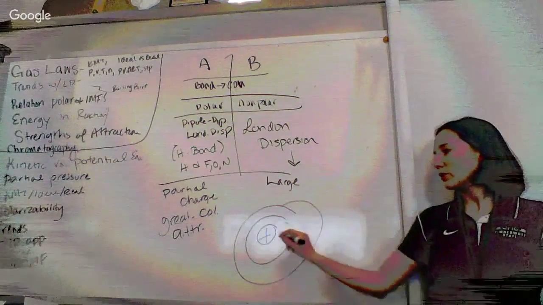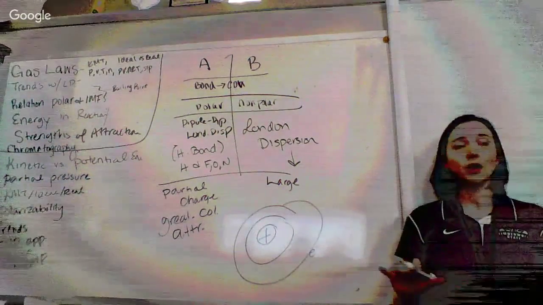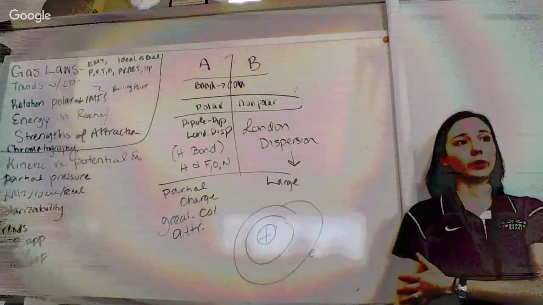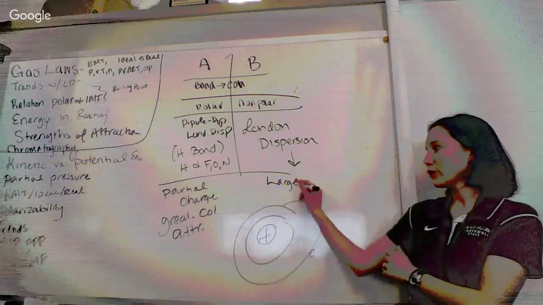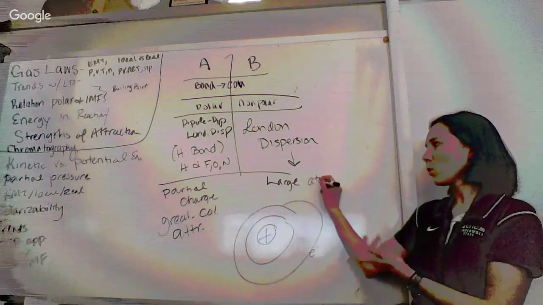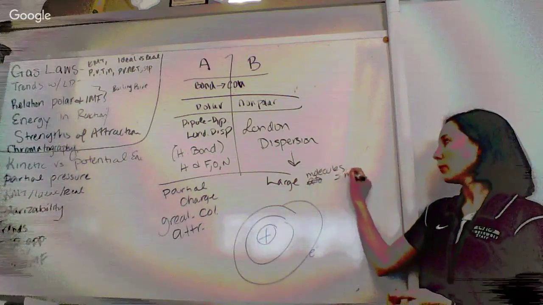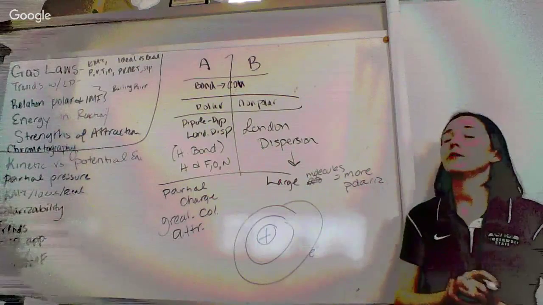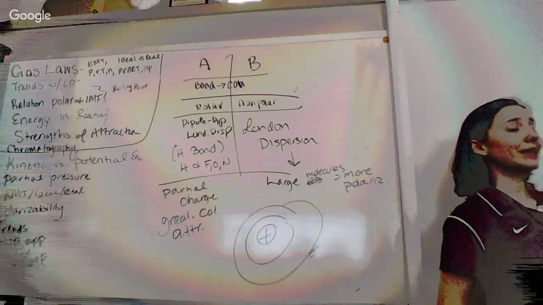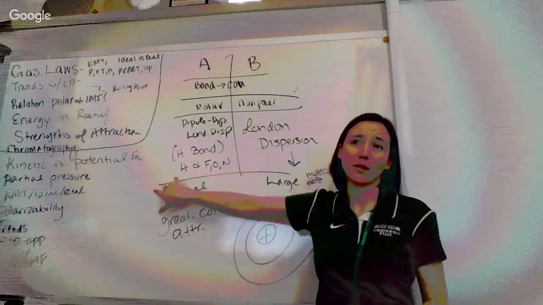And as those electrons become slightly distorted or unevenly distributed, your molecule becomes polar. Sound good? So the larger your atoms, or molecules in this instance, the more polarizable they are. And if they're more polarizable, that leads to the ability for those London dispersion forces to become stronger than these other ones.